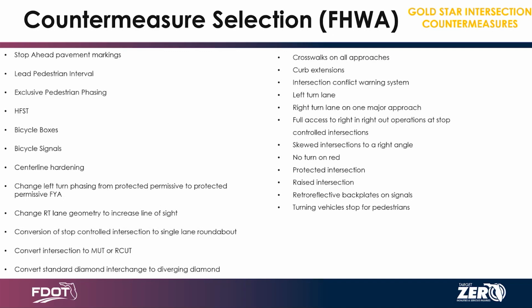Ben, I see you have your hand raised. Yes, not to jump ahead, but I haven't looked at the CMF Clearinghouse. Are these all focused on single countermeasures, or does it contain some combined? So I think the research within the CMF Clearinghouse is primarily focused on single countermeasures.